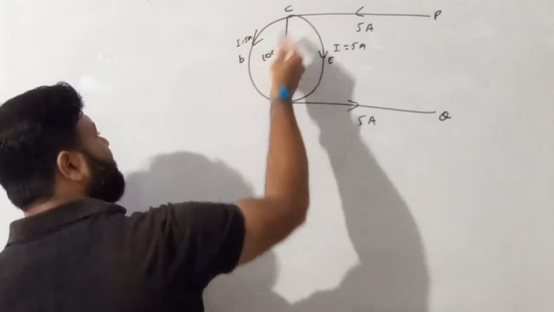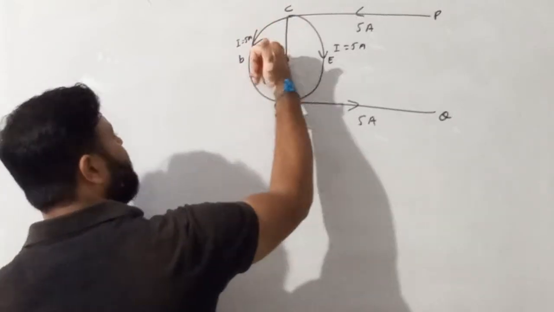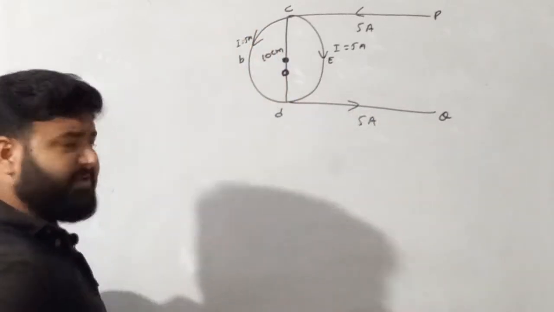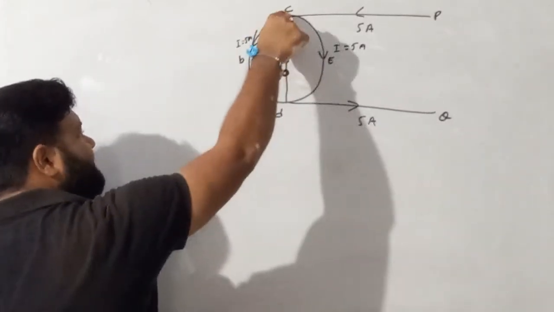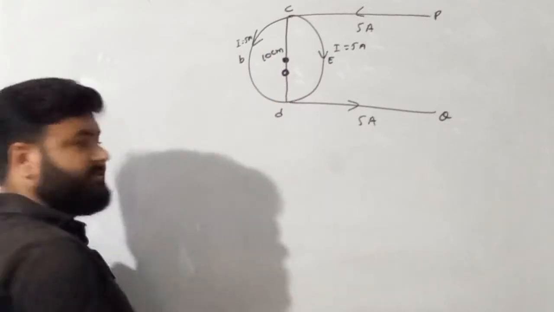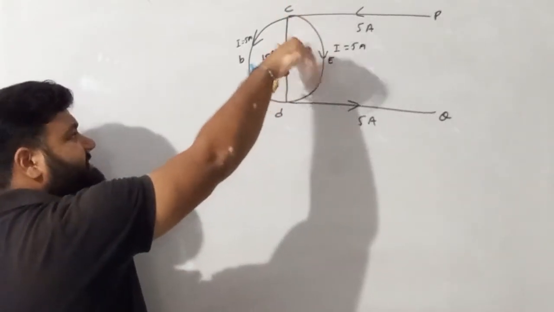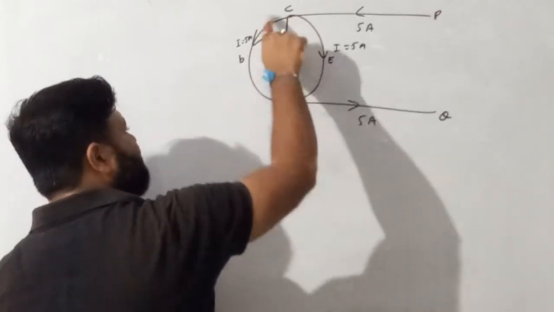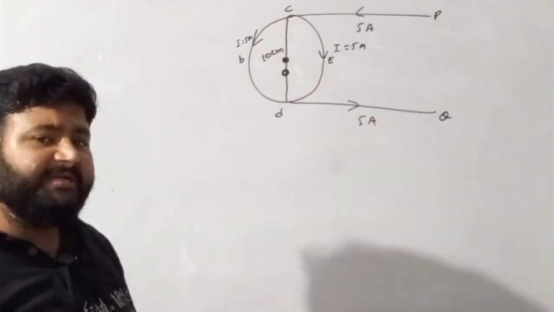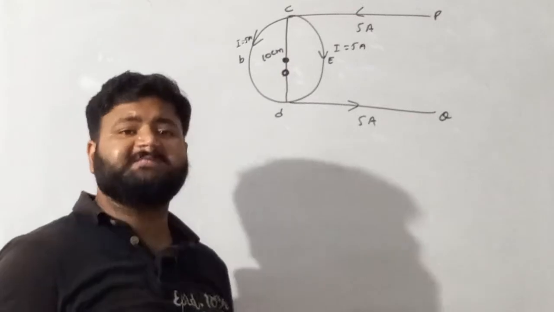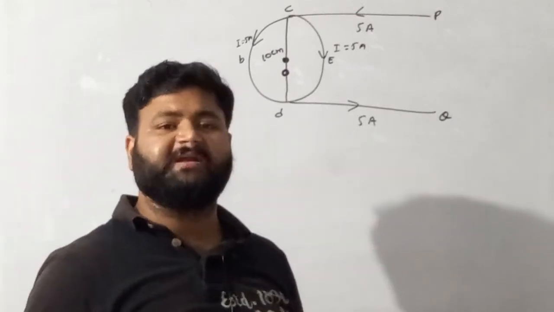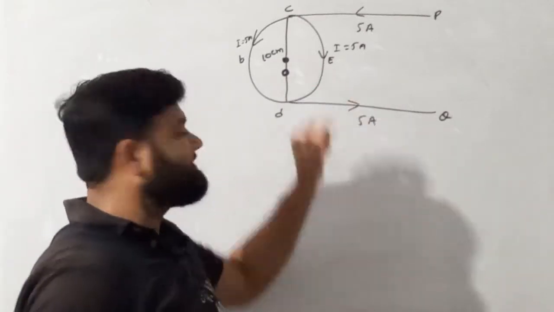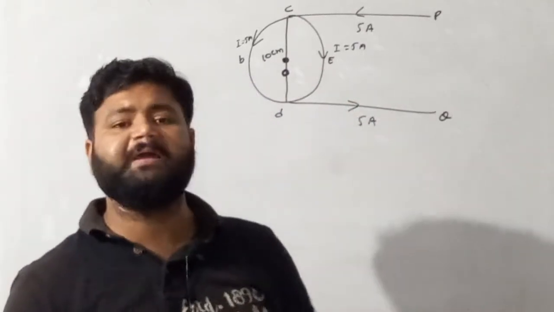Due to part CBD, the direction of magnetic field is away. Due to part CED, the current is in the other direction, so the magnetic field is inside. The magnitude of magnetic field at point O is the same, but the direction is different. So the net magnetic field at the center due to this loop will be 0.